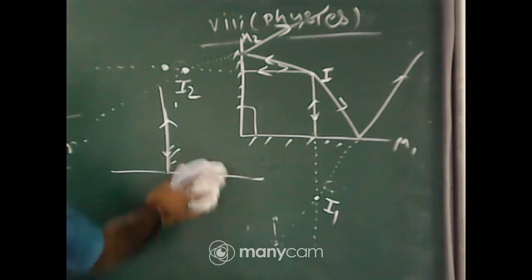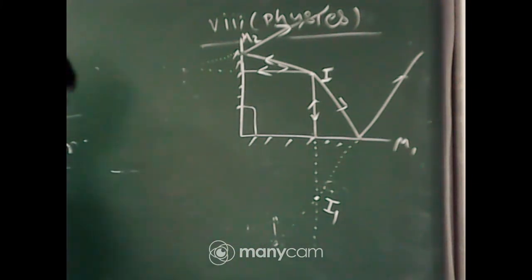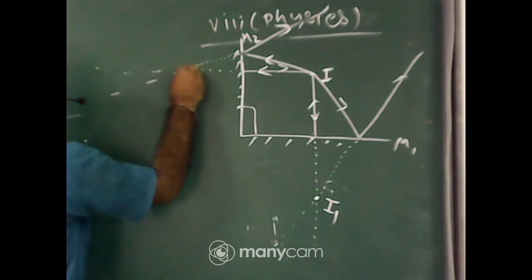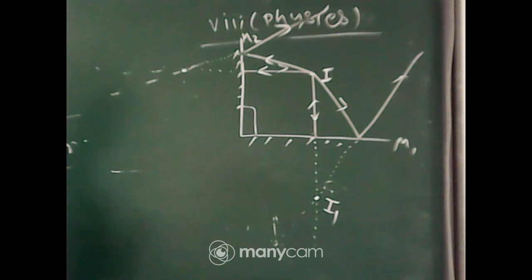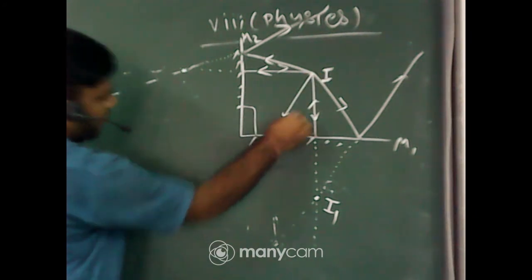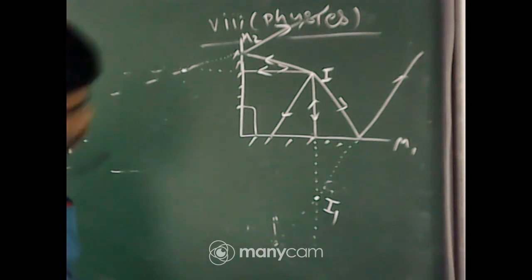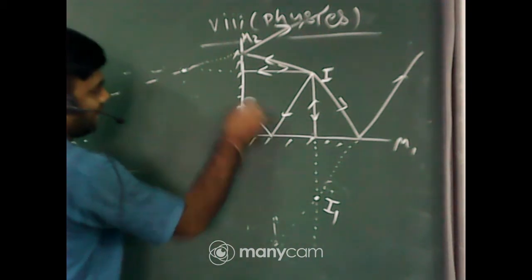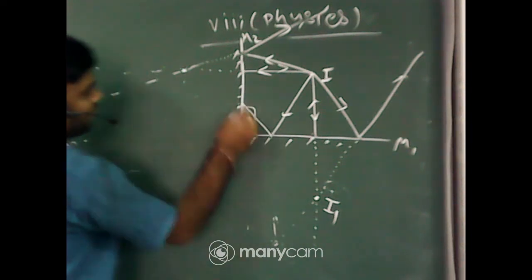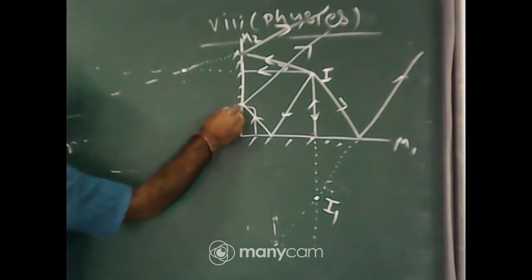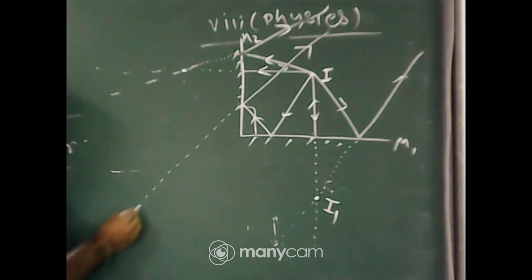Next, here, oh my god, I have rubbed that image. So, two mirrors. One ray falls on M1 and it reflects to the other mirror, M2. Then it will move along this way. Just extend that in this direction.